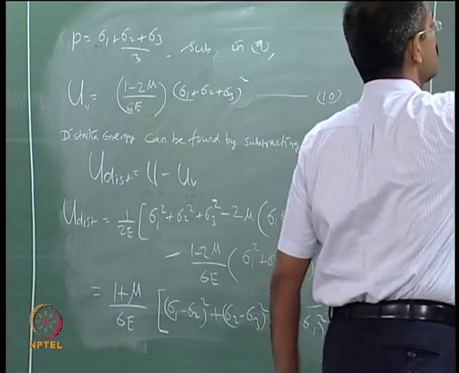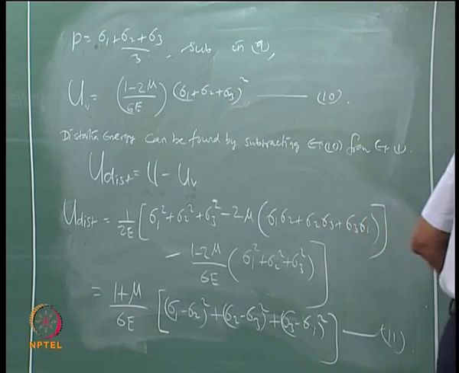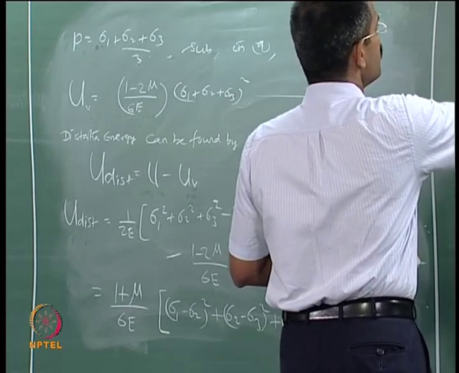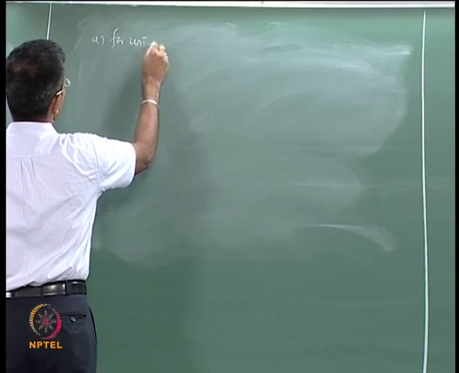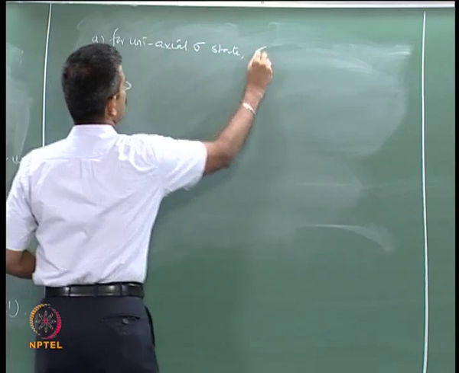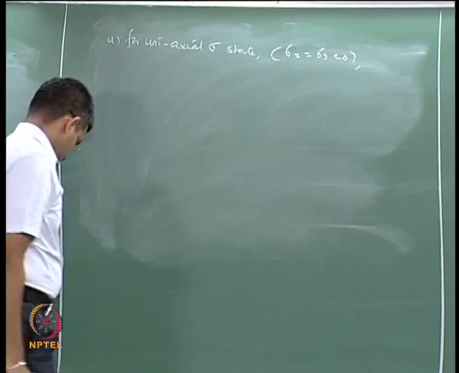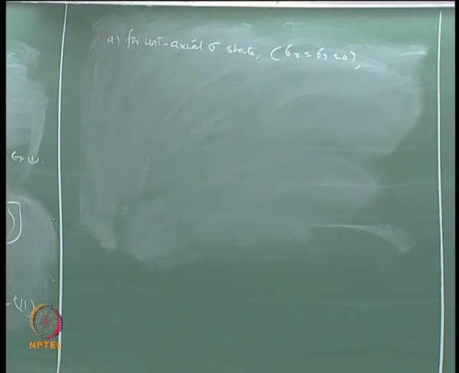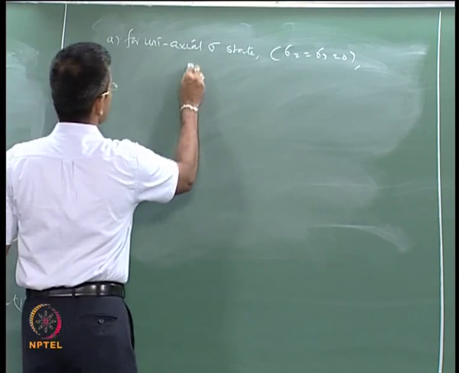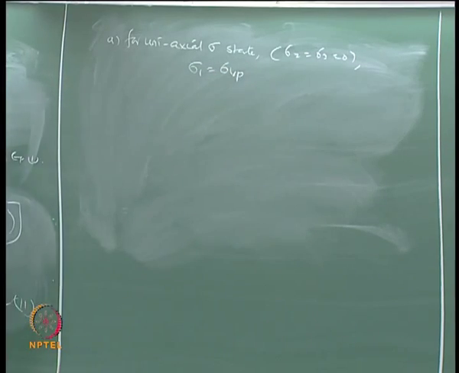So, for a uniaxial stress state, sigma 2 and sigma 3 are going to be 0, so U distortion, and we all know that sigma 1 is going to be the yield value, that is the definition of the theory.